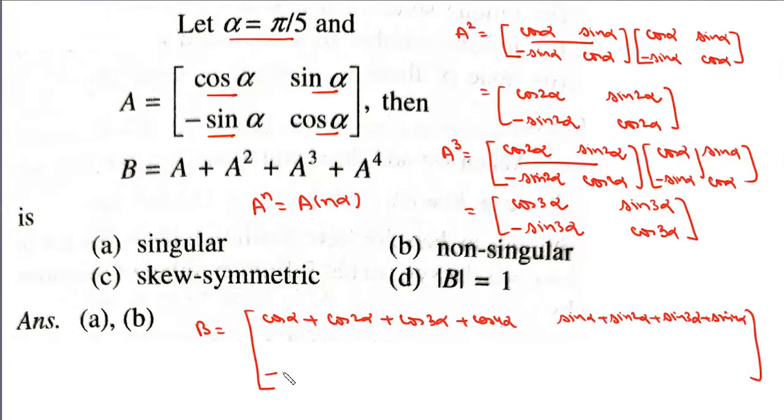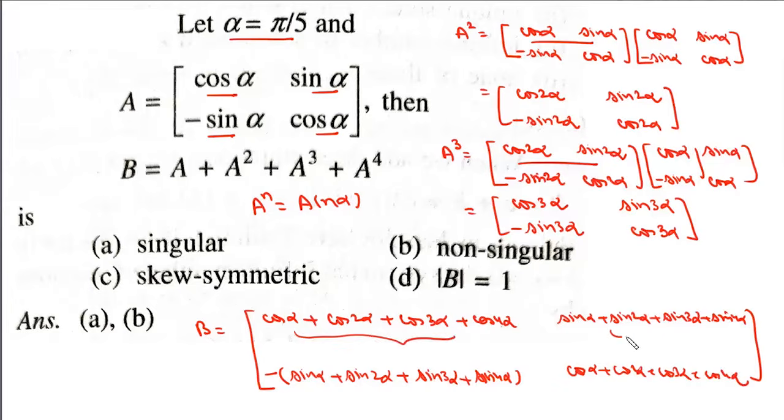And here will be minus the same expression, sin alpha plus sin 2 alpha plus sin 3 alpha plus sin 4 alpha, and here again it will be cos alpha plus cos 2 alpha plus cos 3 alpha plus cos 4 alpha. Now first we'll find the sum of these two series.